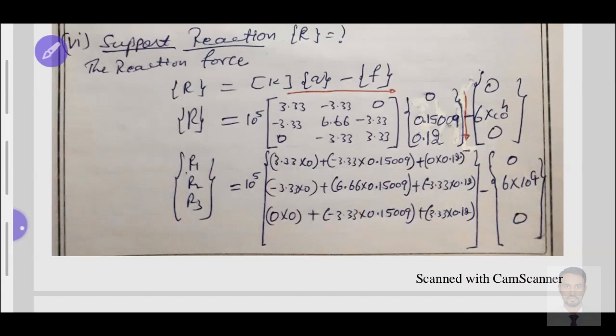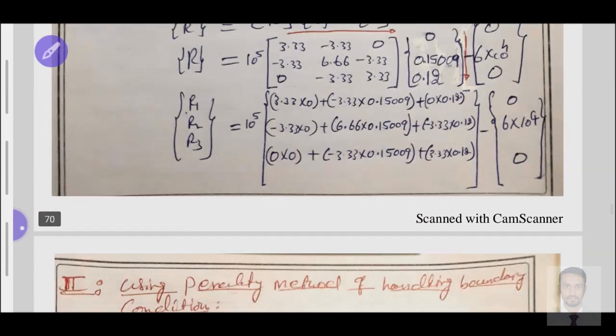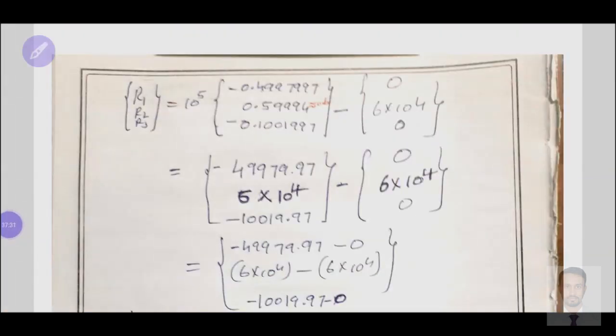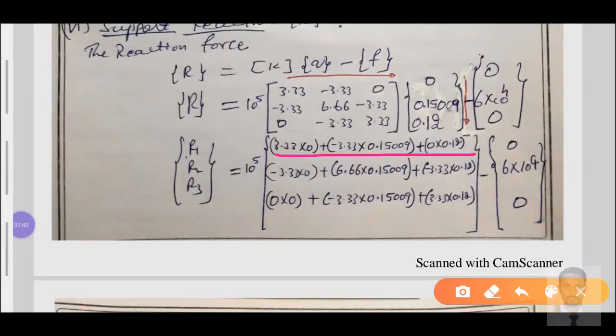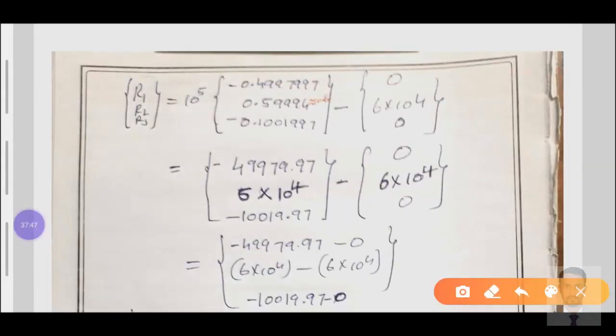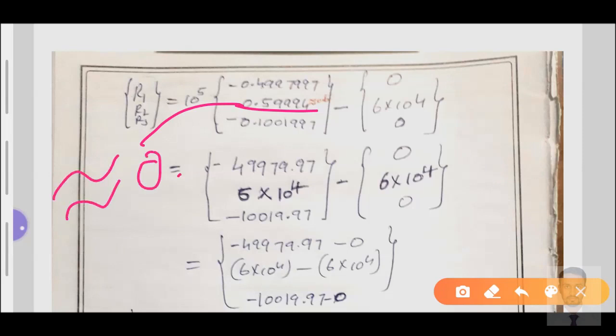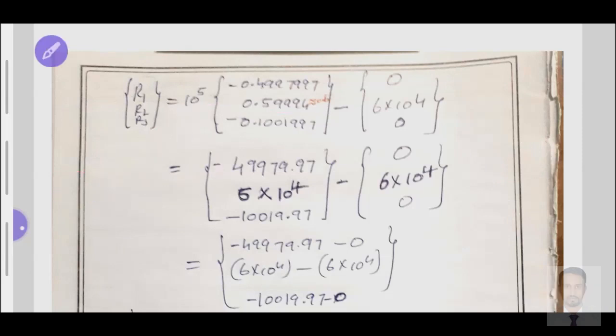Then we find the sum of each of these values. The first value equals minus 0.499797, with 10 to the power of 5 taken common as it is. Similarly the second row is approximately 0.6 we have taken, and the third value is minus 0.100197.